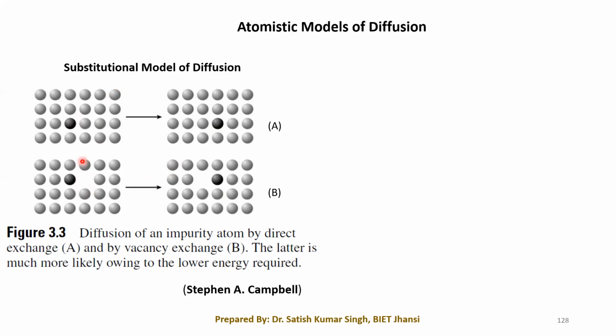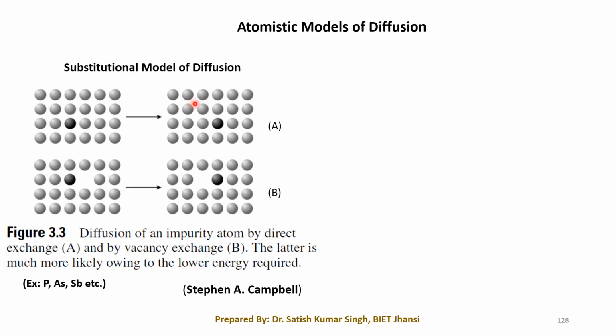Now, similarly, we can also have the interstitial spaces. As we know, we have the silicon atoms, and between the silicon atoms we have interstitial spaces. There is no reason why these impurity atoms cannot sit in between the interstitial spaces, because these spaces are enough to be occupied by impurity atoms.